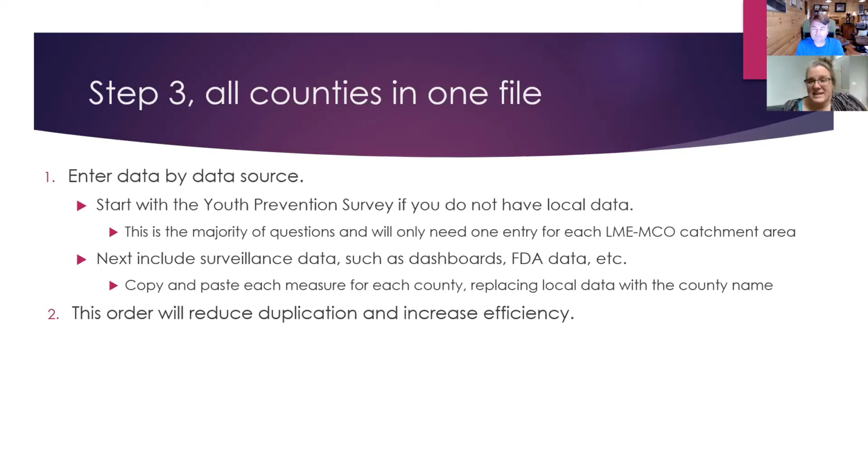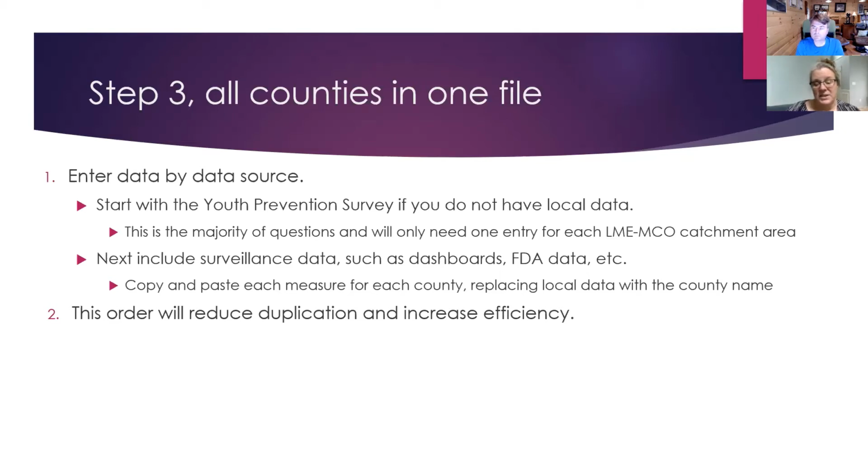I would next look at things by data source, and if you are only using state-supplied data, that's really your surveillance data, like the opioid dashboard and the alcohol dashboard. It's going to be your FDA data, which you can look at from the FDA tobacco inspection site or from the summary report hosted on the TTA website.